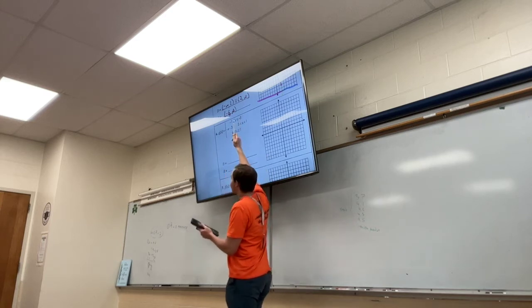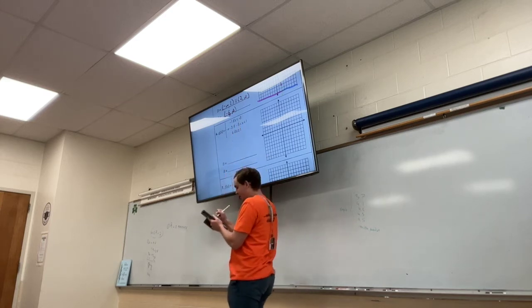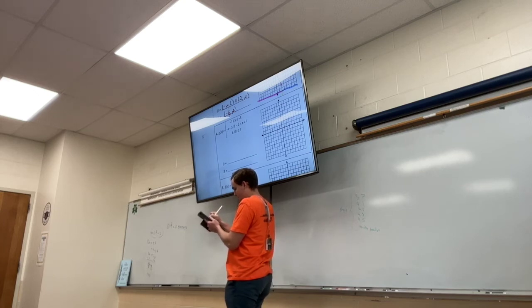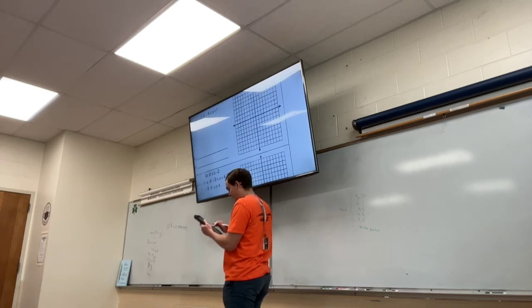Are we having trouble seeing this? So -5 it changes. It changes at +1. Okay, so we've got to draw on both of these. So I'm going to draw the yellow line at x equals -5.